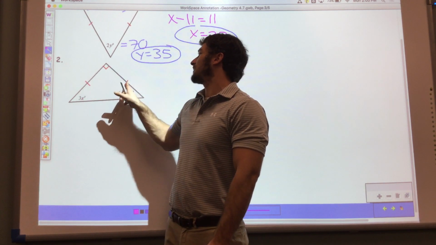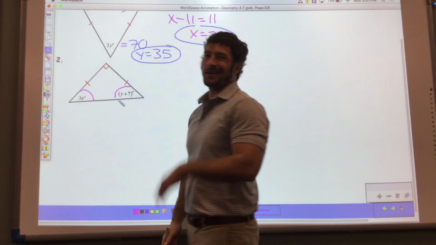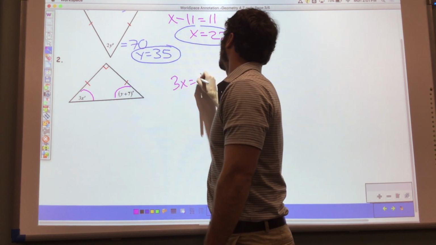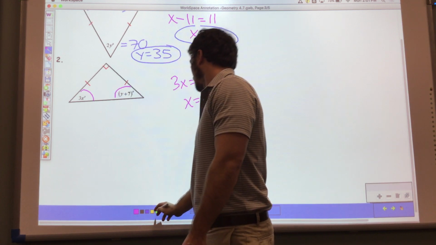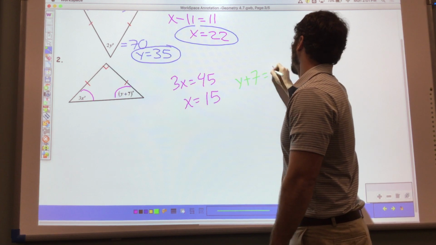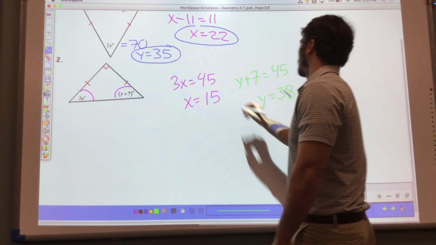Since these two sides are congruent, these two angles are congruent. If you cut 90 in half, you get 45. So 3x equals 45, and x is 15. Then y plus 7 equals 45, so y is 38.